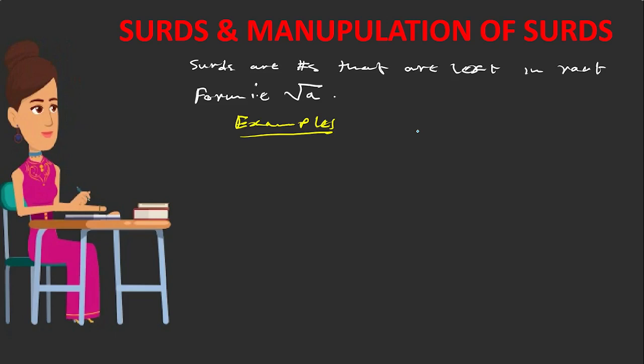We can start from square root 2, then we get square root 3, square root 5, square root 7, square root 11, and so on and so forth.